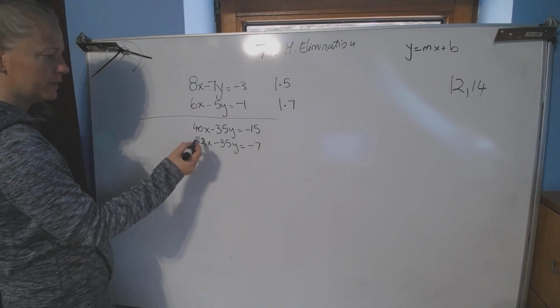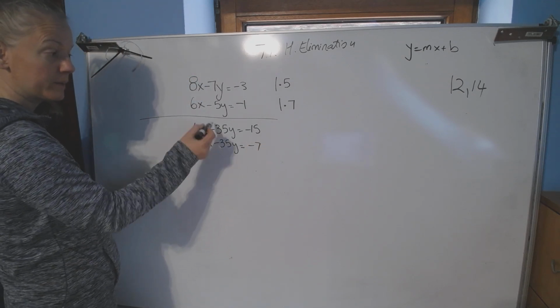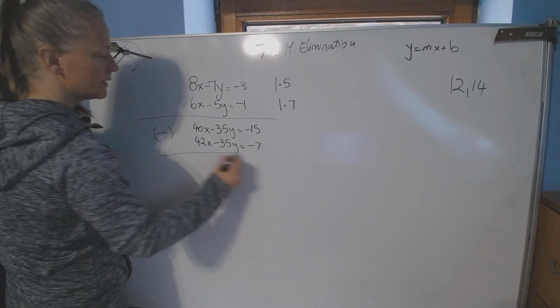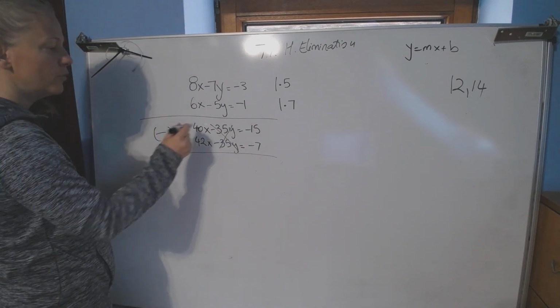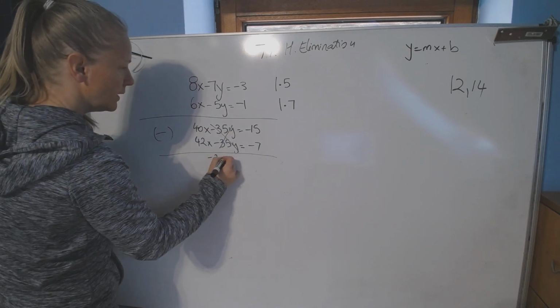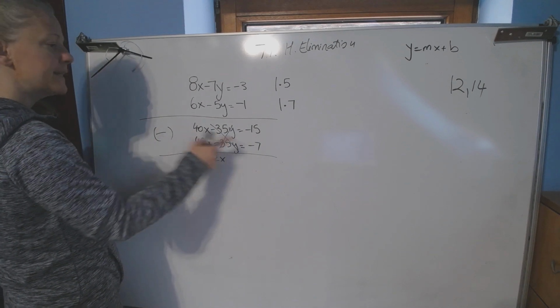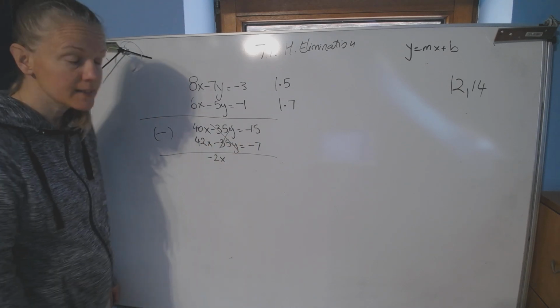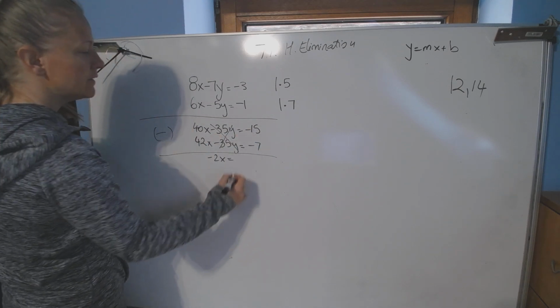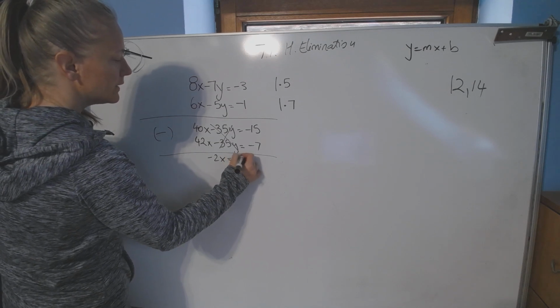And now I have 35, 35, same number, same sign. I'm going to minus. This is gone. 40 minus 42, -2x. -15 minus -7, that's -15 plus 7, this becomes a -8.